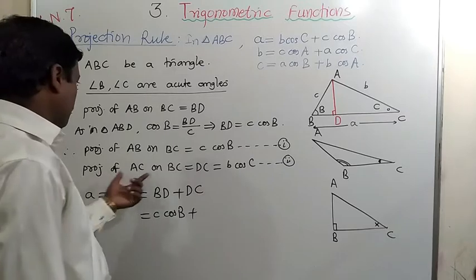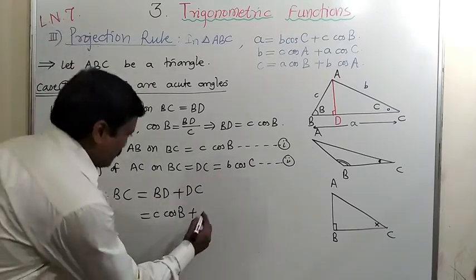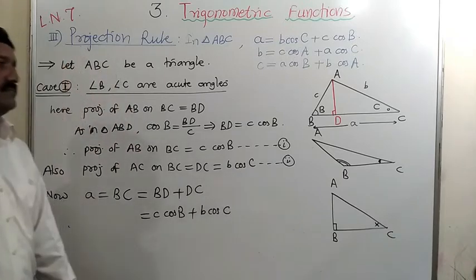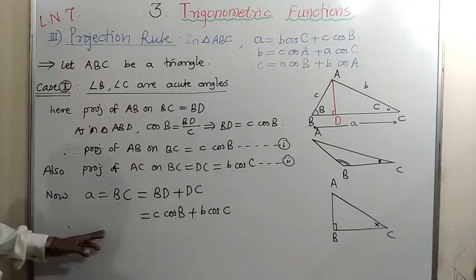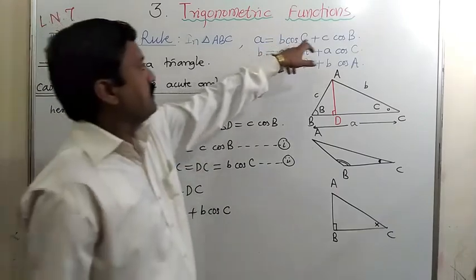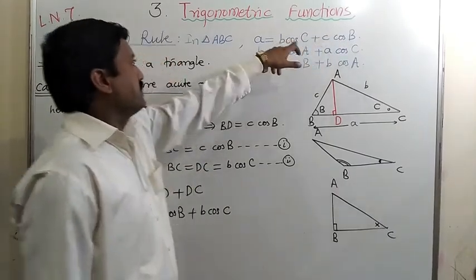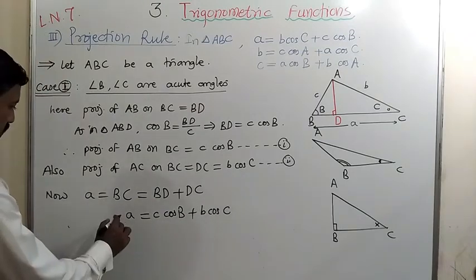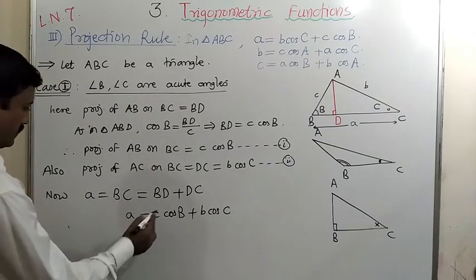DC is the projection of AC on BC, it is b cos C. So a is equal to c cos B plus b cos C. So this is our first result.